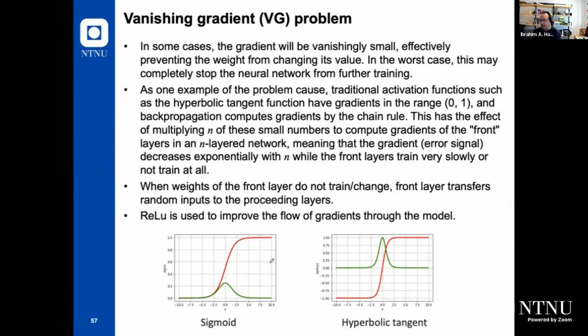And we are multiplying n of these small numbers. If we have multiple layers, we will do some multiplications, because I need to reach the layers closer to the input. In this case, we will multiply those small values several times. So if you multiply 0.1 times 0.1, what will be the result? It will be 0.01, so it will be even smaller, right? It will be even smaller.